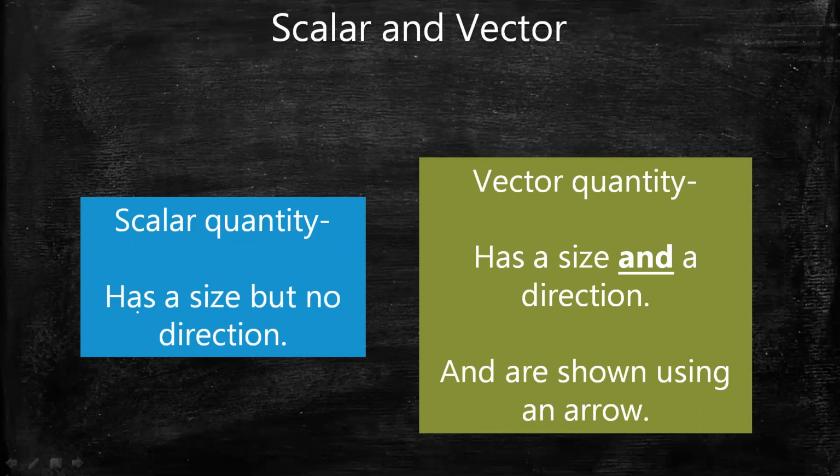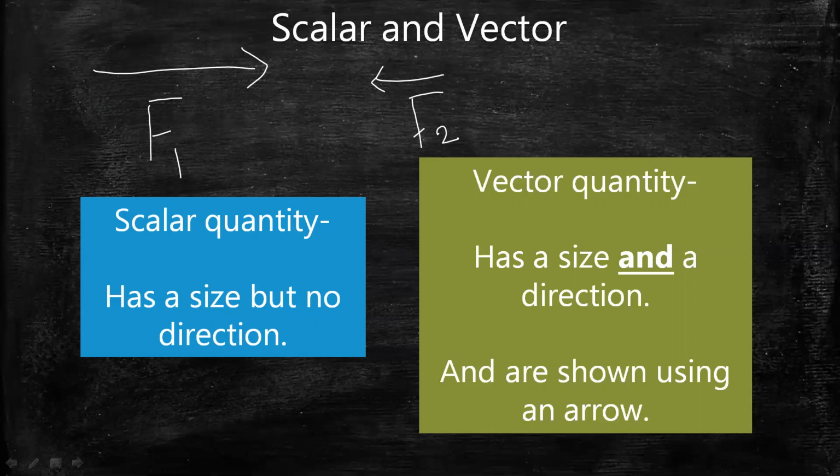Vectors can be represented by using an arrow. I told you force is a vector. I can represent a force by using an arrow. In this, the length of the arrow represents its magnitude and the arrowhead points the direction. If I mark two forces, say F1 and F2, from the geometrical representation, that is from the arrow marks, you will have a clear understanding about which force is bigger, which force is smaller, which is acting from left to right, which is acting from right to left.